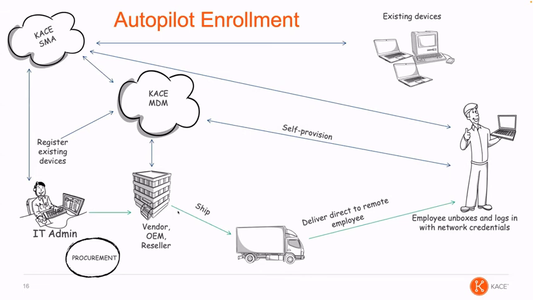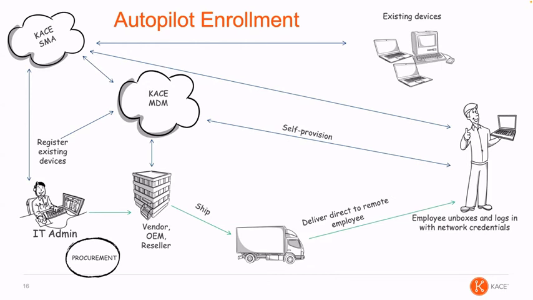You could also go the step, let's say, the important CEO lost his device somewhere on his business trip and he buys a new device. You could also register any kind of device yourself in Azure for Autopilot enrollment. So what happens once you order that device? It will be directly shipped to the employee. He unboxes the device, logs in with his Azure Active Directory credentials.